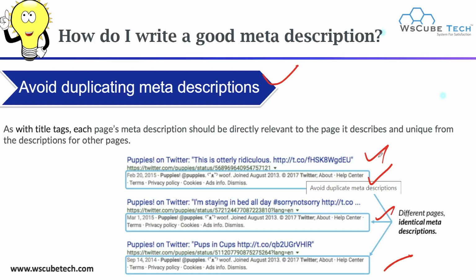For each individual page, you must have a unique title and a unique meta description, because a unique description and unique title can make your web page unique and help you optimize your web page and meta description. As with your title tag, each page's meta description should be directly relevant to the page it describes and unique from the descriptions for other pages.